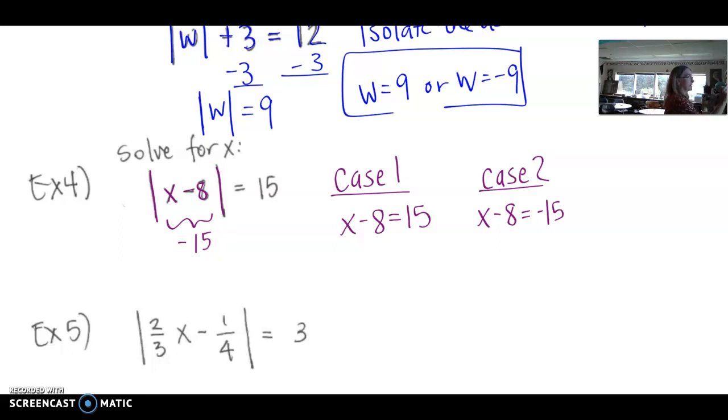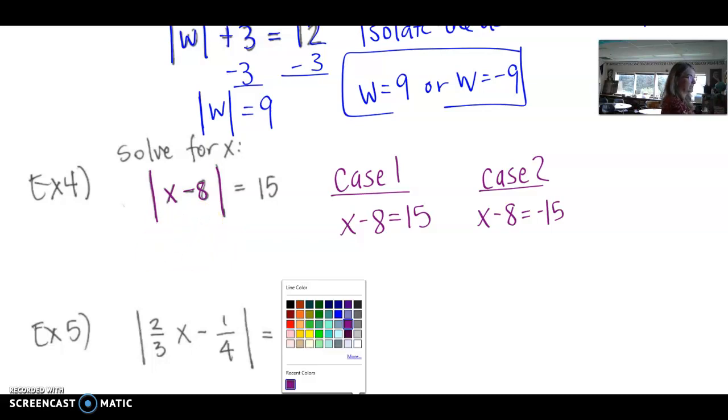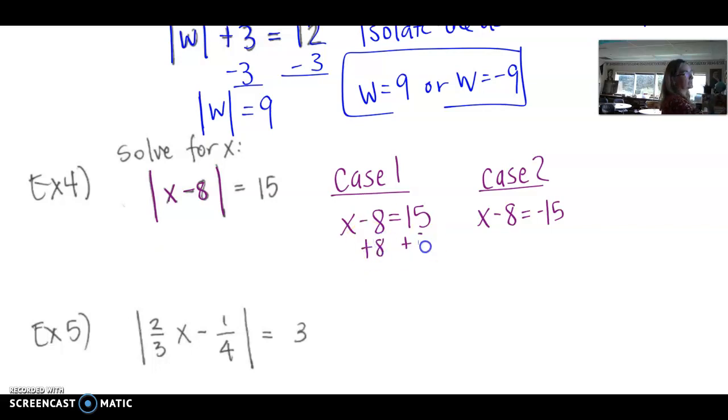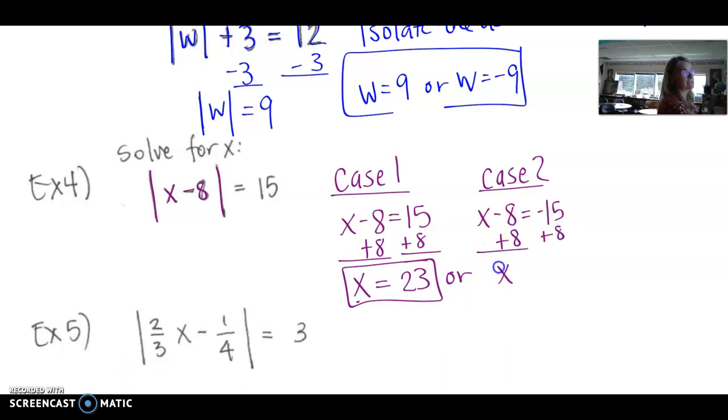So we have to solve for where x minus 8 equals both positive 15 and negative 15. Lucky us, we get two problems in one. We're going to add 8 to solve for x, and I have x equals 15 plus 8, which is 23. That is one solution. Or if I add 8 to negative 15, I get x equals negative 7. So x is 23 or x is negative 7.